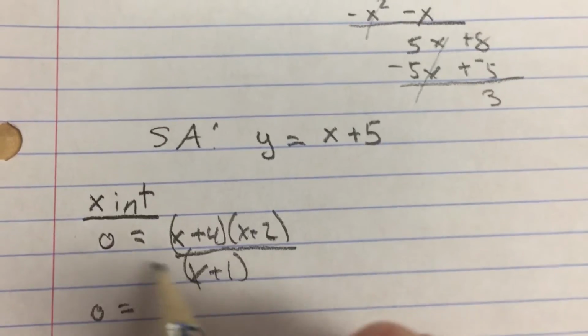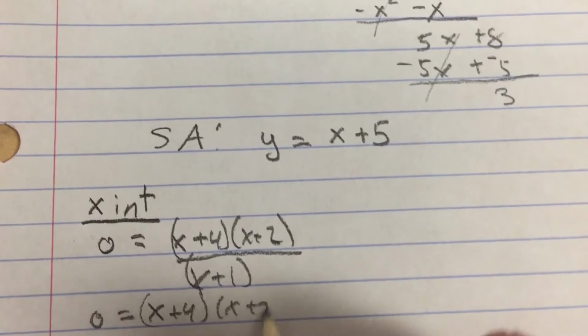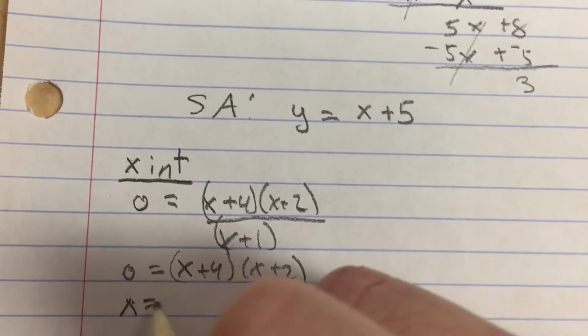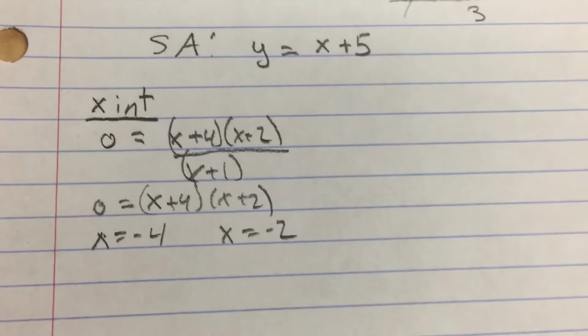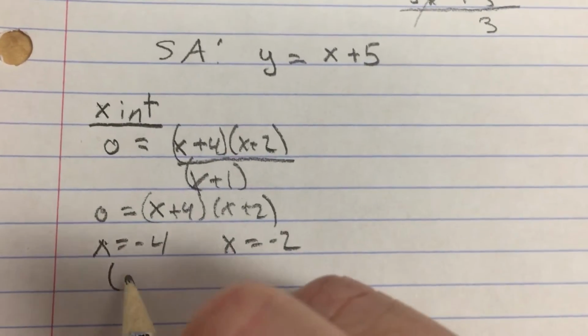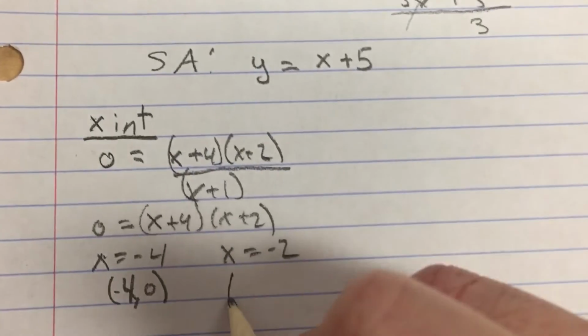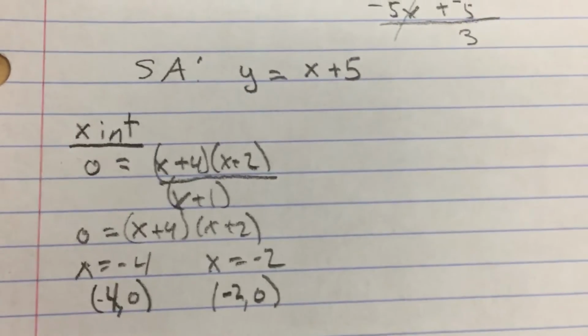But if not, you'd cross multiply. And if I set this equal to 0, I'm going to get negative 4 and I'm going to get negative 2. So negative 4, comma 0, negative 2, comma 0.